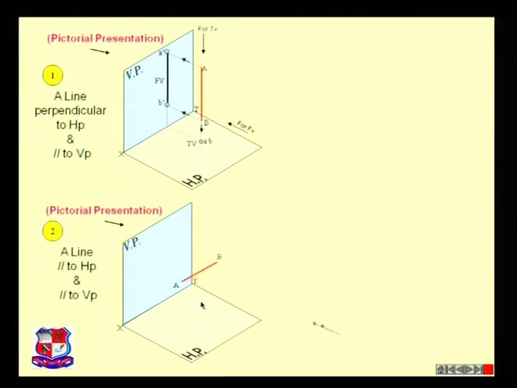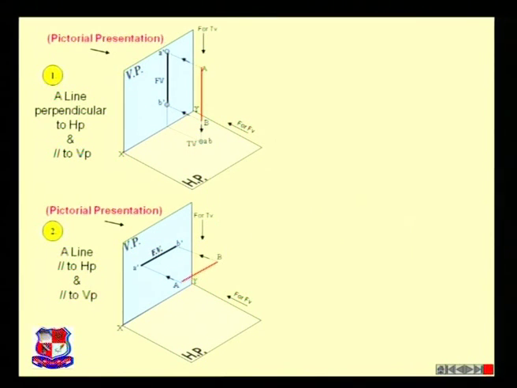Now we are looking for our front view. The front view would be traced like this on the vertical plane, and the vertical plane will have this line like this. This is our front view. We have marked it as A dash B dash. Now we are looking for the top view.